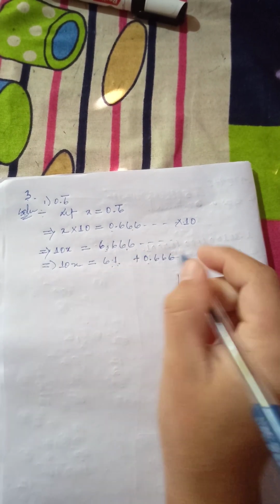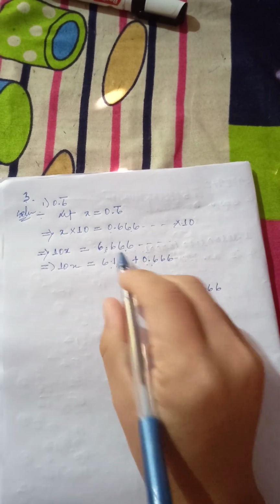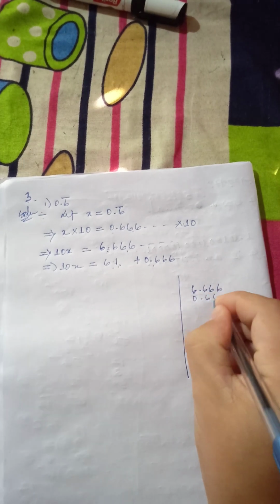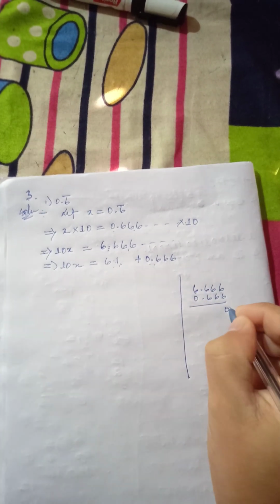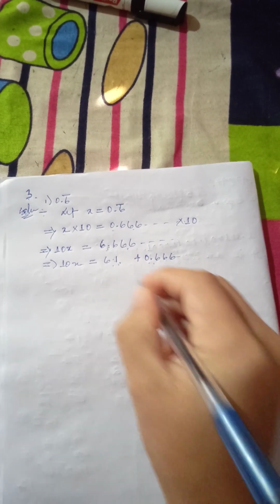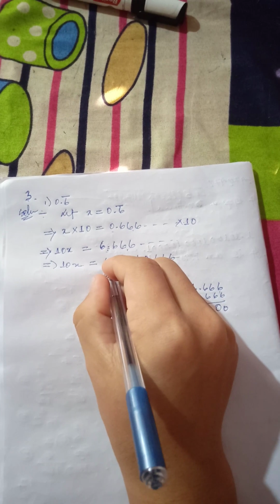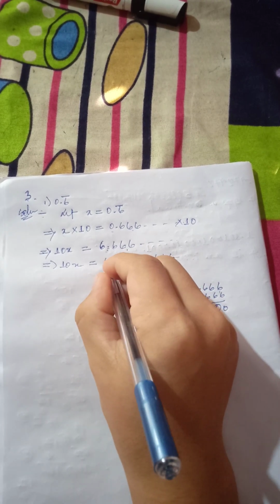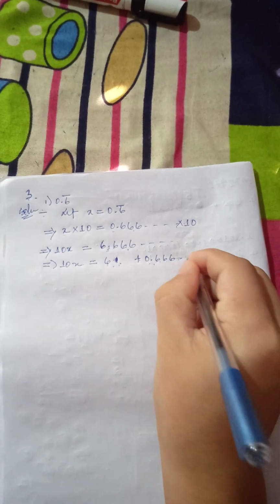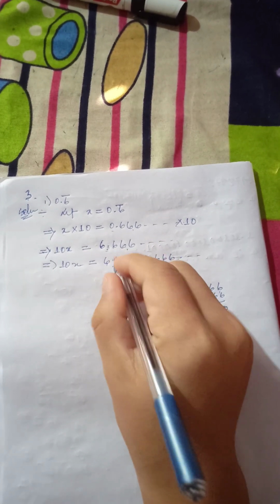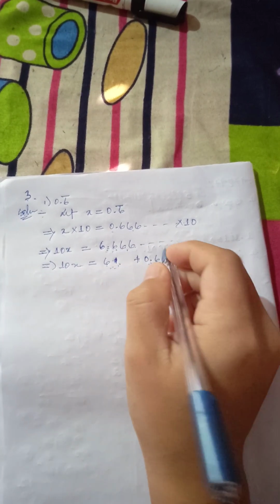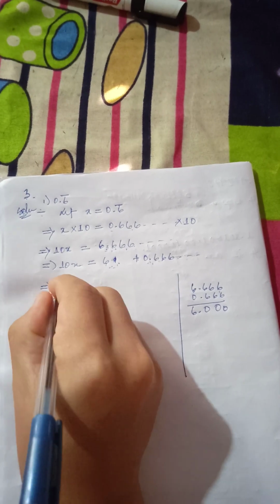In order to get this number, you subtract 0.666 from 6.666. 6 minus 6 is 0, 0, 0, and 6 minus 0 is 6. That means the number that we should place here is 6. And 6 plus 0.666, the sum of these two, will give you 6.666.